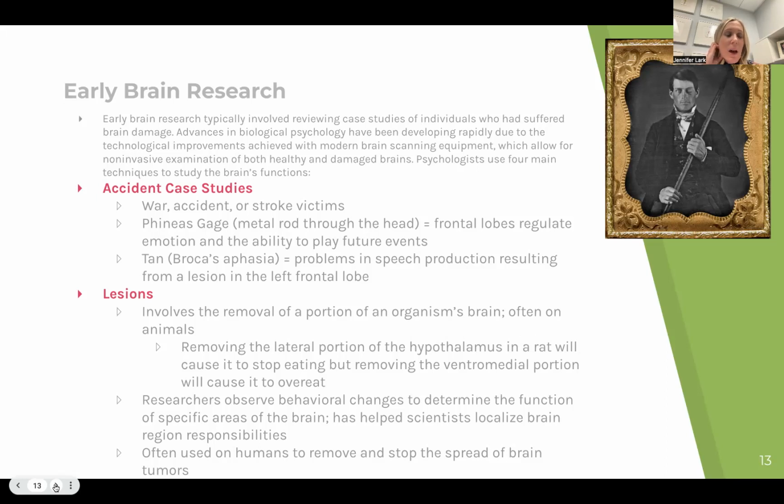Another way that we study the brain is looking at lesions. A lesion is basically the removal or destruction of a small portion of an organism's brain. This is unethical to do to human beings, obviously.